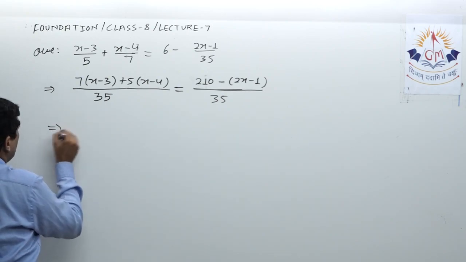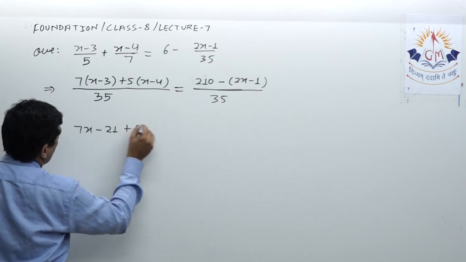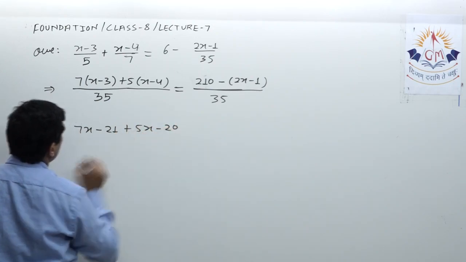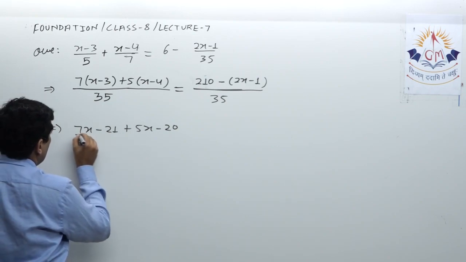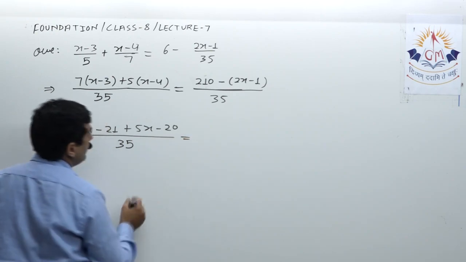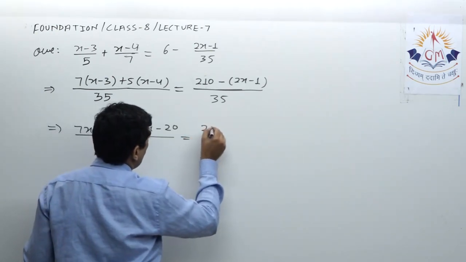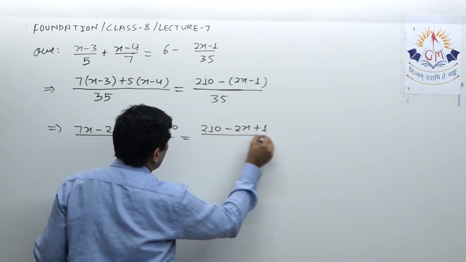Okay, so over here it is 7x minus 21 plus 5x minus 20 divided by 35 is equal to 210 minus 2x plus 1 upon 35.